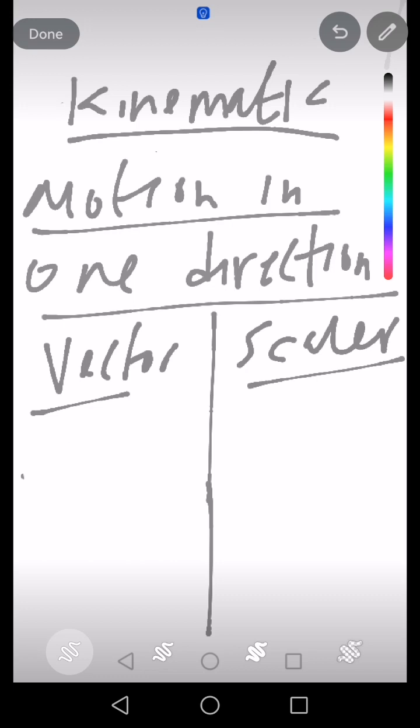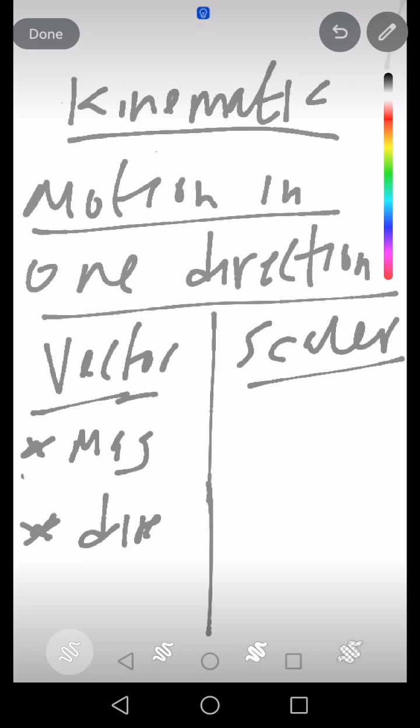If they say vector quantities, these are quantities which have both what? Magnitude and direction. That is what we call vector quantities.